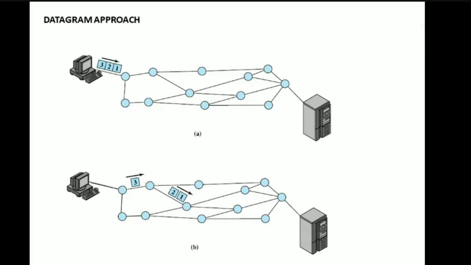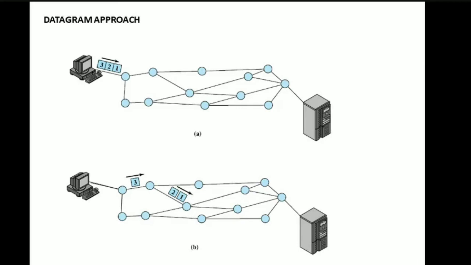If you see this diagram, at the first sequence, in part A, the source wants to send the information, which is packets 1, 2, 3. In part B, from the first switching node, 1 and 2 have taken one path and 3 is about to take another path.